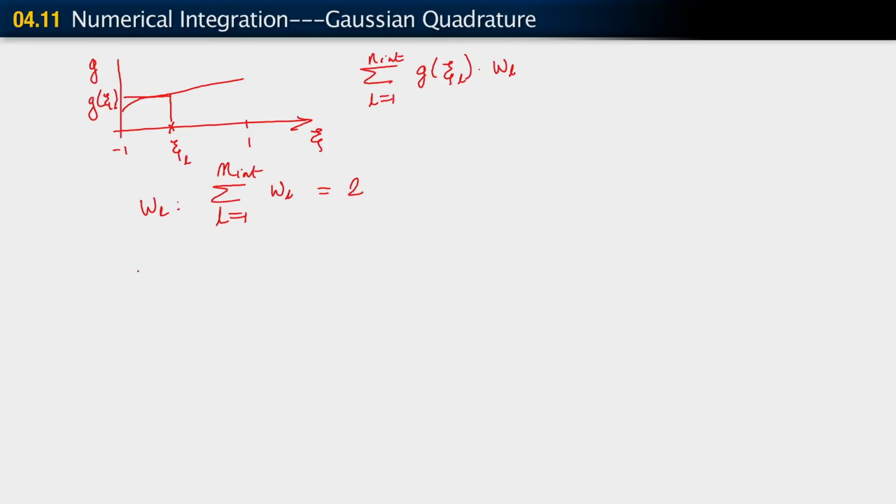It's because if g of xi is a constant, we know that the integral from -1 to 1 of g d xi is equal to twice that constant.